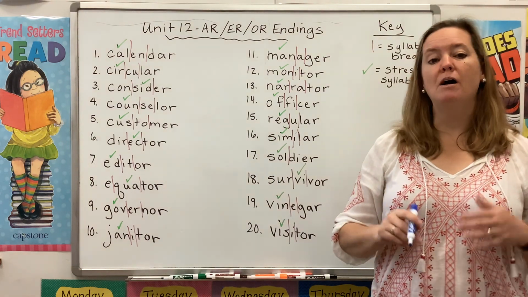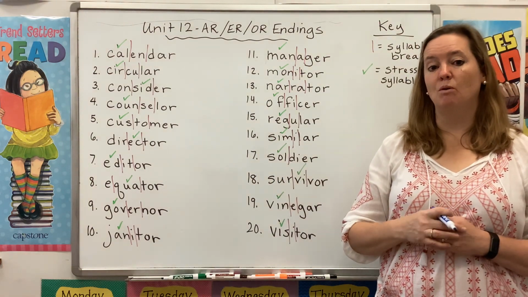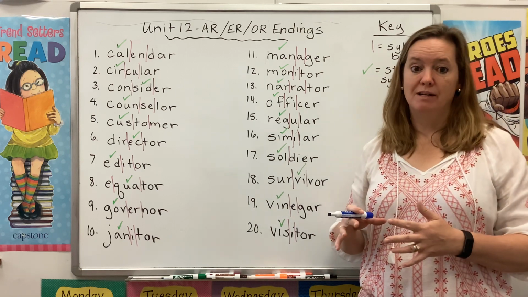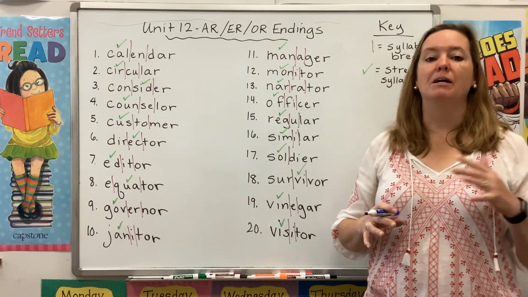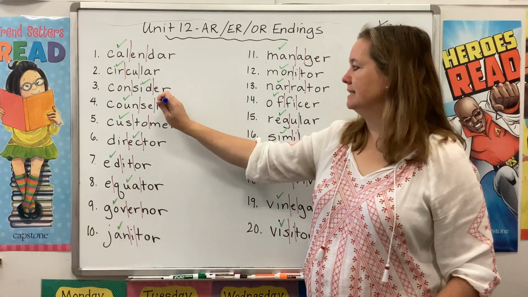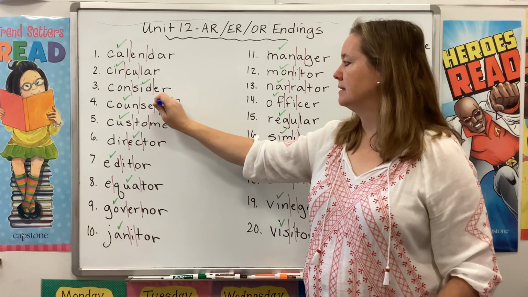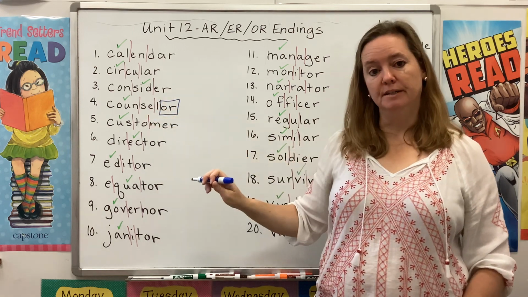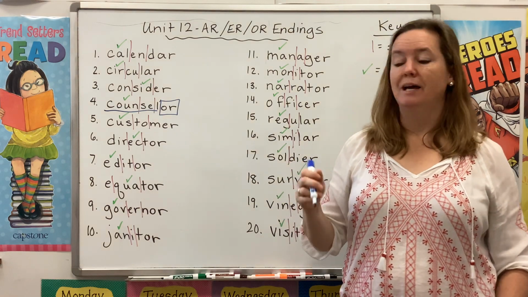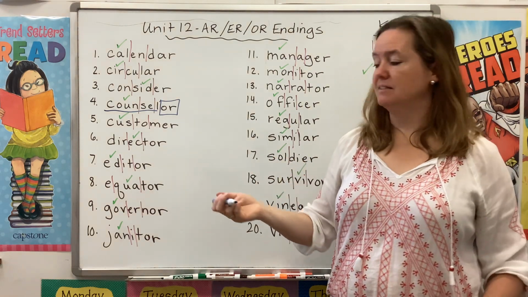OR. When you put OR at the end of a word, it can change a verb to a noun. And action becomes a person who. So for instance, a counselor is a person who counsels you. They give you advice.